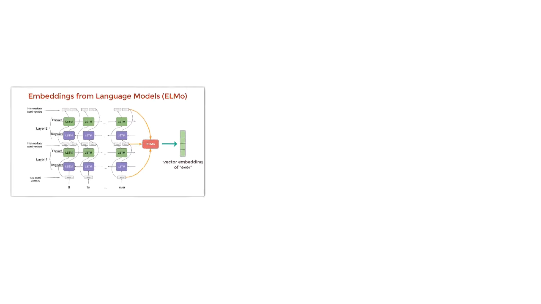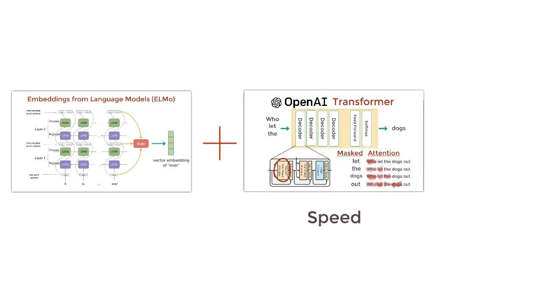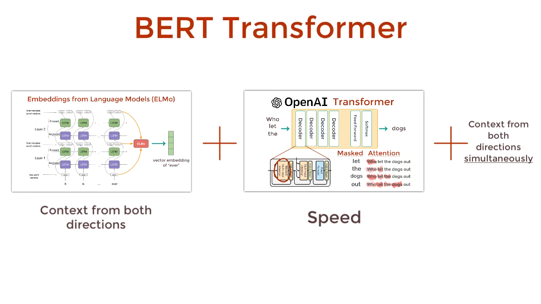We would like to have an architecture that incorporates the speed of the OpenAI transformer, but can also absorb the context from both directions like ELMo, and additionally absorb context from both directions simultaneously, unlike those other two. This is where our friend BERT comes in.